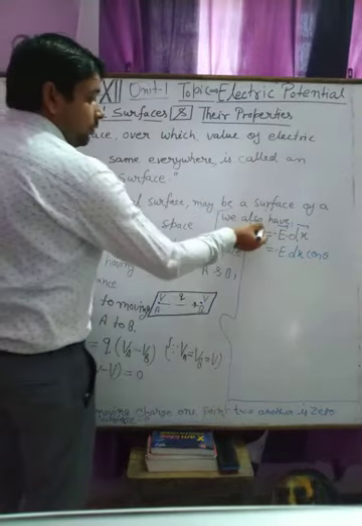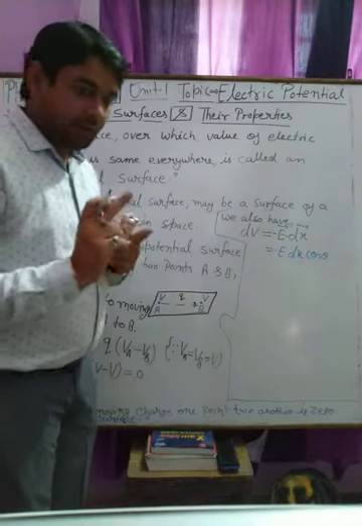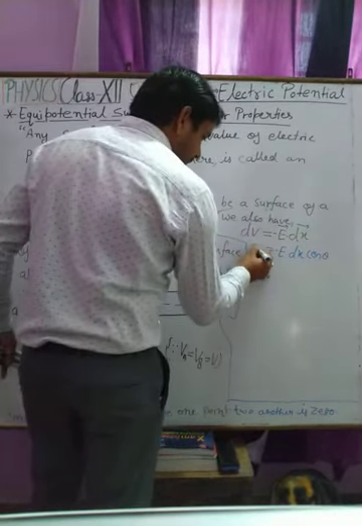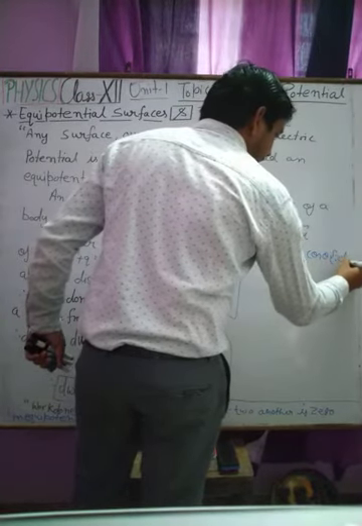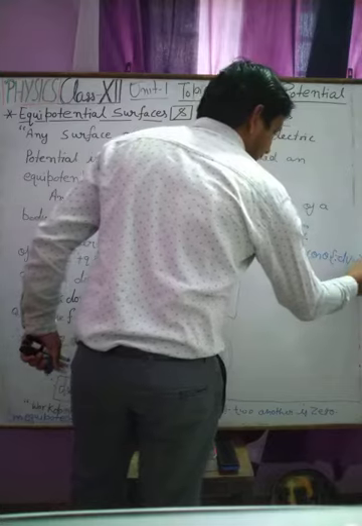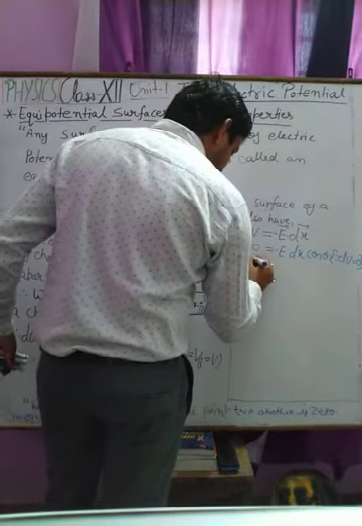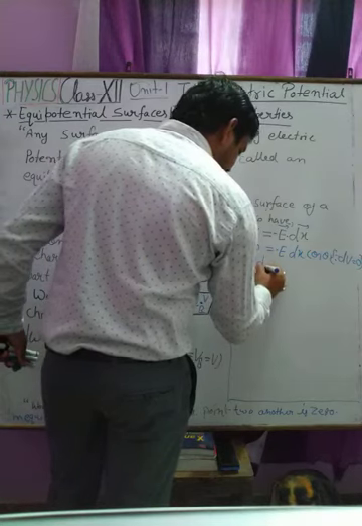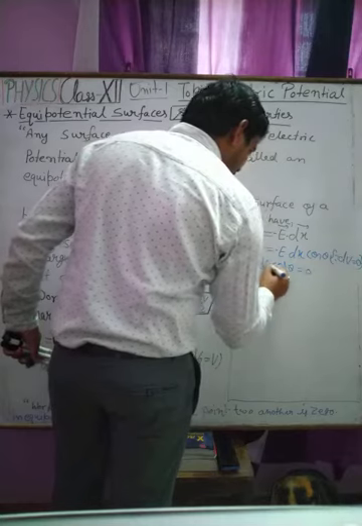Now for an equipotential surface the potential difference is always 0, because dV is equal to 0. Therefore we get E ds cos theta is equal to 0.